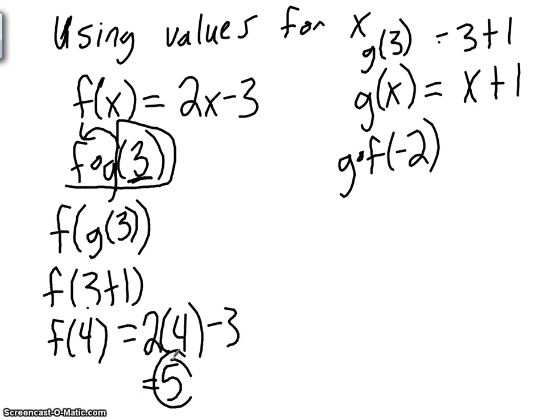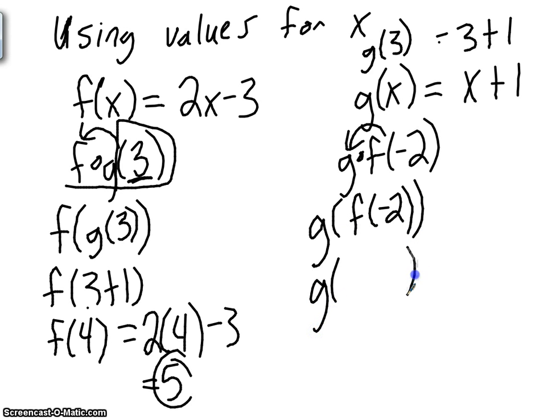The next value we have is g of f of negative 2. We're still going to look at it the exact same way we did the last one. So I've got g composed of f of negative 2. So I'm going to have g, and then for f of negative 2, I have 2 times negative 2 minus 3.